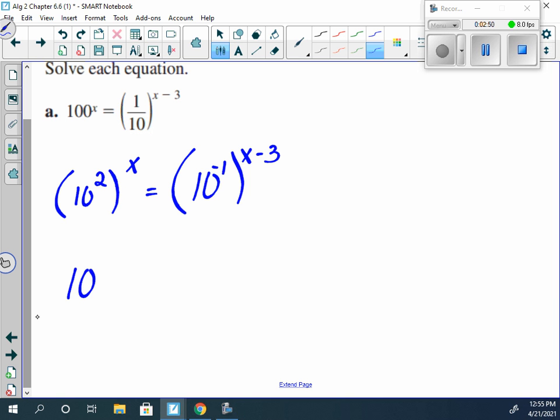So 2 times x will be 2x. Now 10 to the -1 to the x minus 3, well, we're going to need to multiply x minus 3 by -1, which would give us negative x plus 3.